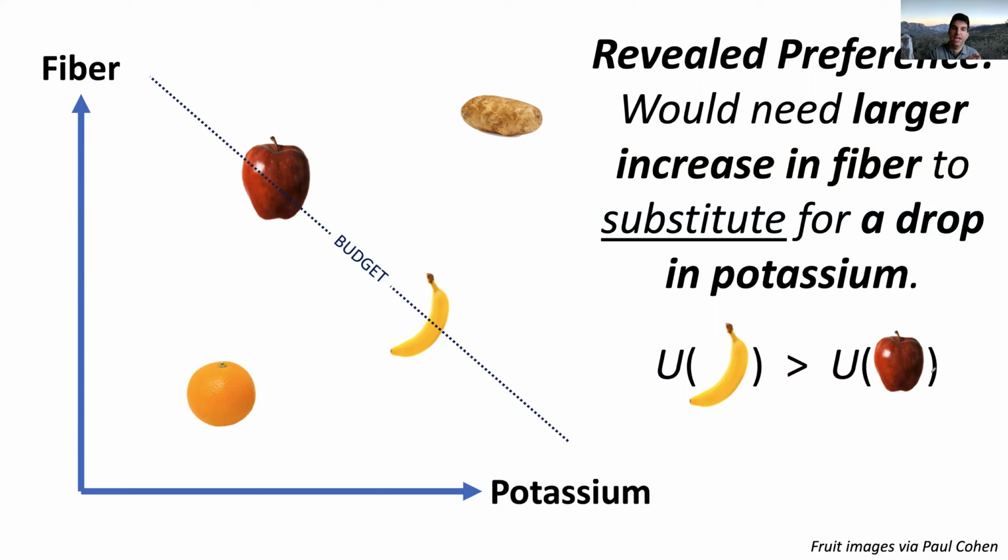I gave you the same budget and you always chose the banana. That tells me that you value potassium over fiber because you could have gotten both. And really the only difference between these two is that one is higher in potassium and lower in fiber, and the other one's higher in fiber and lower in potassium. So the fact that you're always choosing the banana tells me that you must value potassium more than fiber.